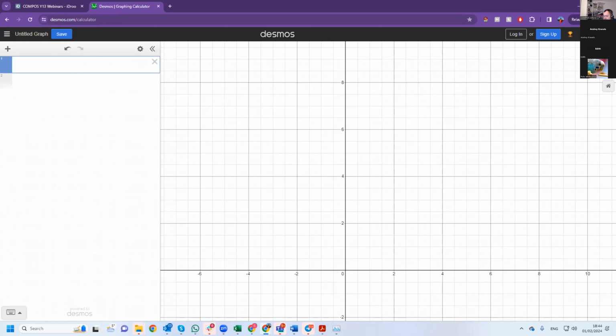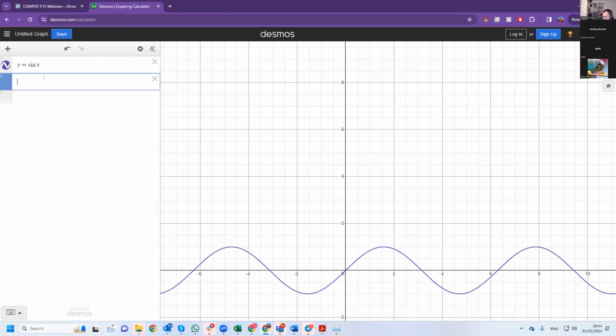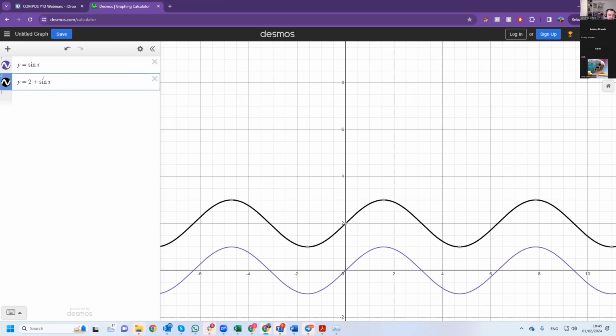Let's say we have two waves, y equals sine x and y equals 2 plus sine x. They are just two identical waves, shifted vertically.